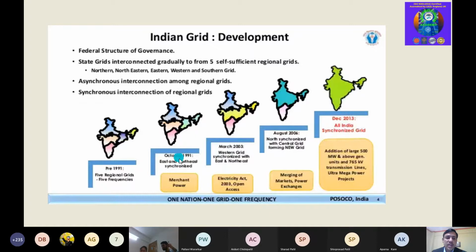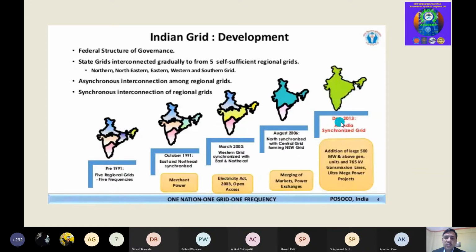In October 1991, the eastern and northeast regions got synchronized. Later, in March 2003, the eastern, northeast, and western regions became synchronized. Later in 2006, the northern region was added, and in this way we formed this grid.